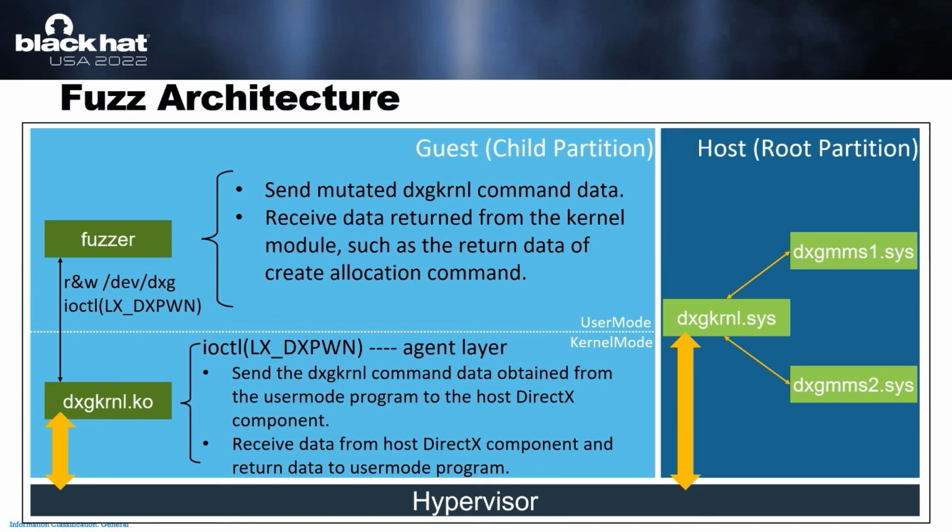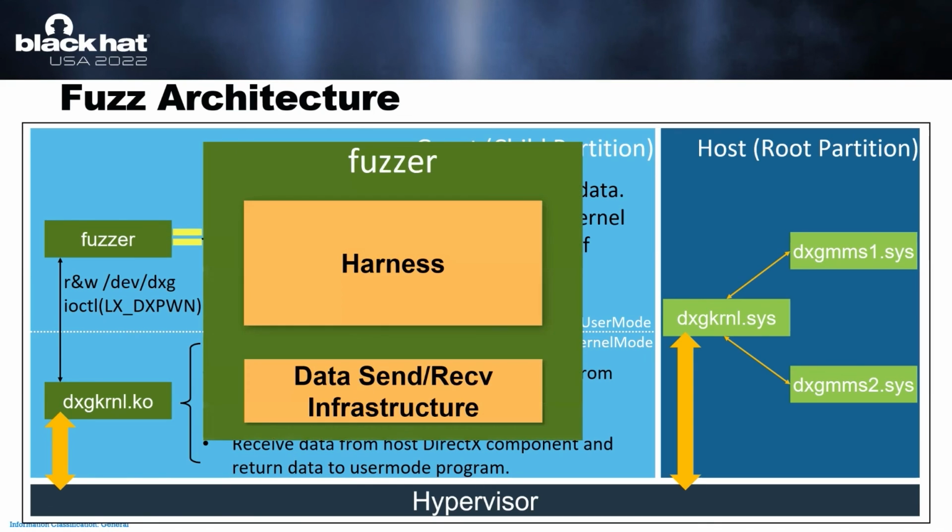The major functions of the userland part of the fuzzer are to send mutated DXG kernel command data and receive data returned from the kernel module, such as the return data of the create allocation command.